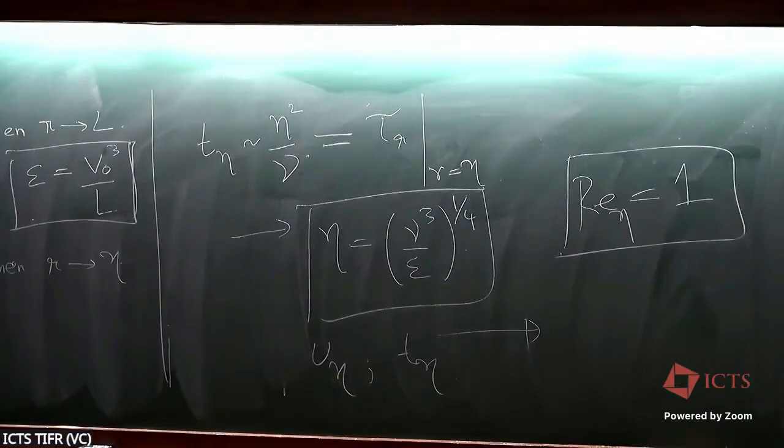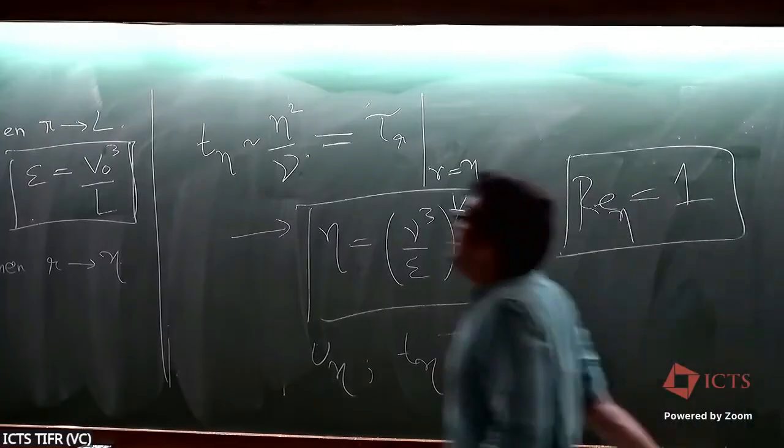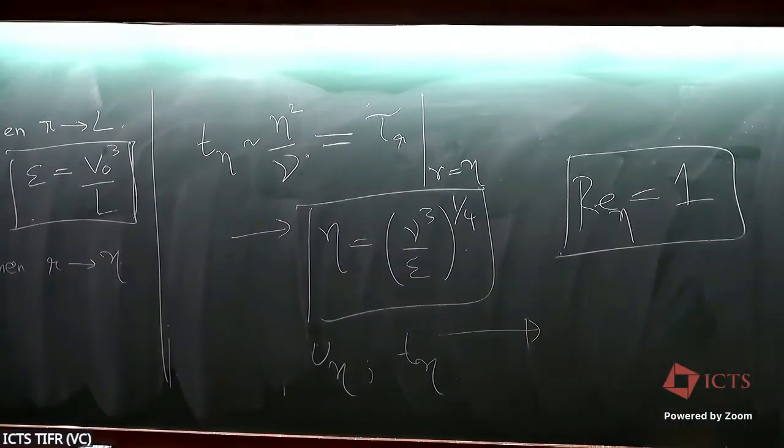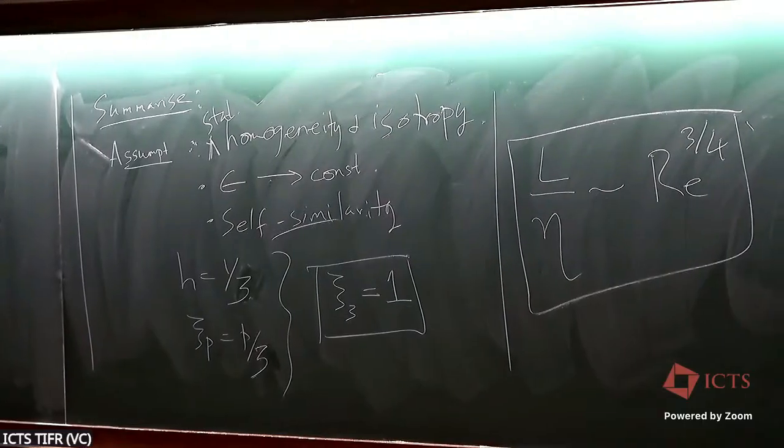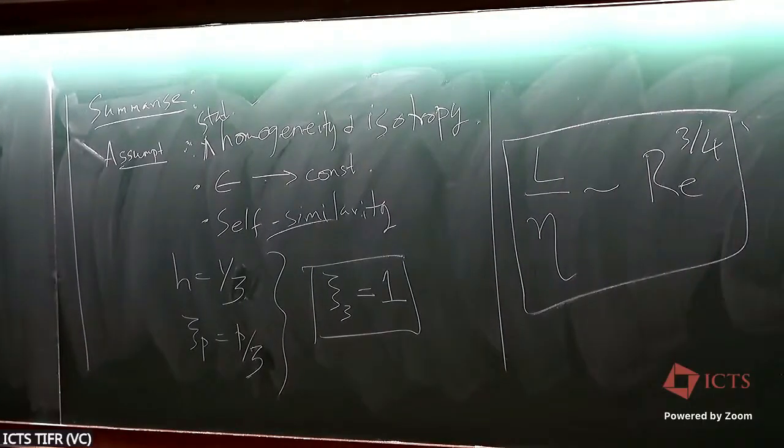I won't go through the intermediate steps, but if you put them all together, you will find that the scale separation between the large and the small scales goes as Reynolds to the power 3/4, which essentially means, after all, we look at things in power laws, right? And so if you were to come up with a result from experiments, numerics, or theory, and you want to calculate scaling exponents, you want this scale separation to be as large as possible.